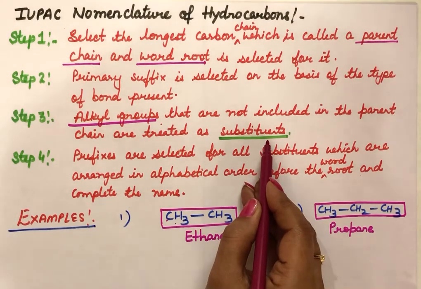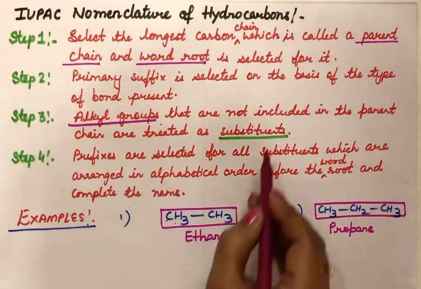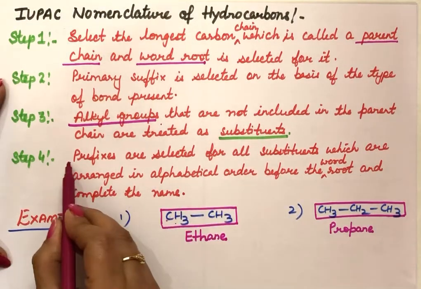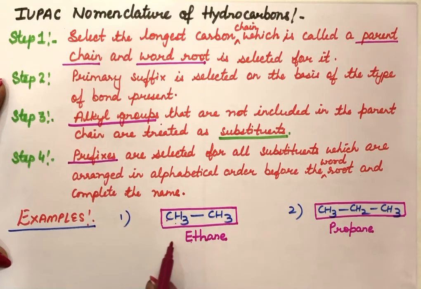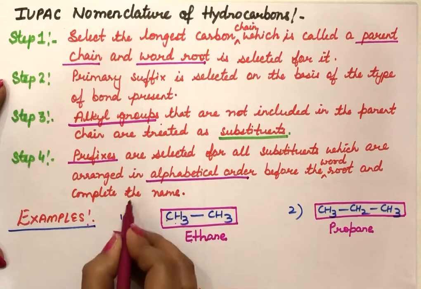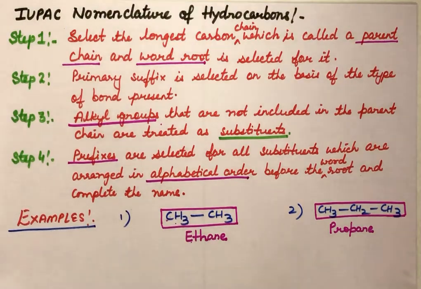We call these parts which are not in the parent chain substituents. For substituents only, we will write a prefix before the word root. If more than one substituent is there, we will arrange them in alphabetical order. This part will be clear when I take that example.